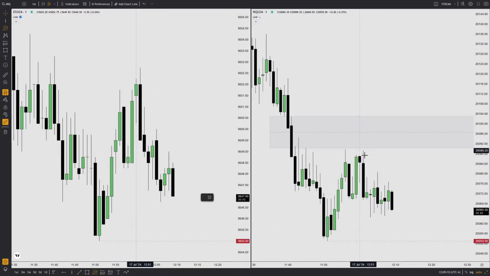Gotta keep this on. Right, so this order block is still valid until we tag 75. Then it will become invalidated. I mean, it would invalidate this order block here.